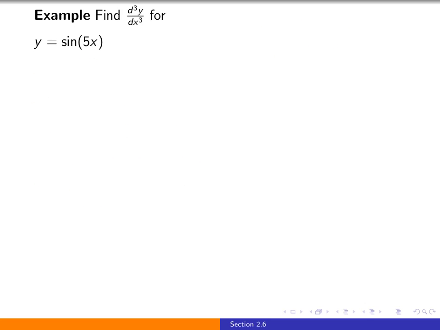So let's play this game one more time with the function sine of 5x. The big observation to make is if I want to differentiate sine of 5x, well, that's a composition. You have the inside function 5x and the outside function sine. So the chain rule tells us that we differentiate the outside function, so the derivative of sine is cosine.